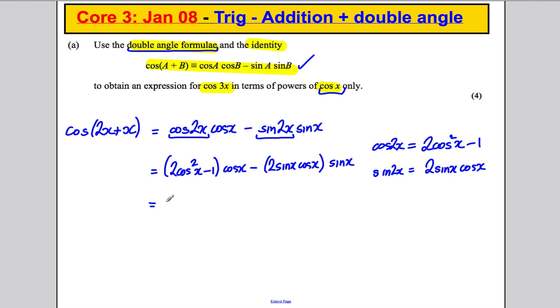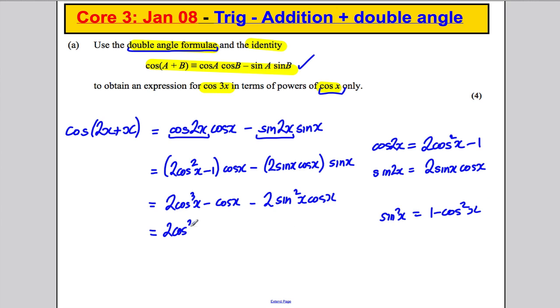Multiply those brackets out, we get 2 cos cubed x subtract cos x. And then here we would get subtract 2 sine squared x cos x. Now you should also know that sine squared single x is 1 minus cos squared single x. So sub that in, 2 cos cubed x subtract cos x, subtract 2, 1 minus cos squared x cos x.